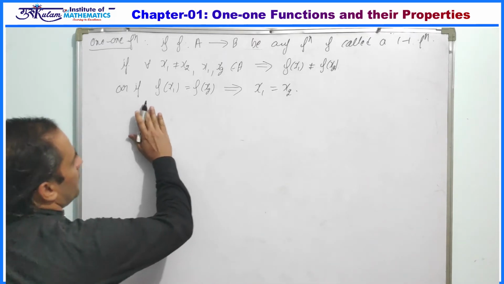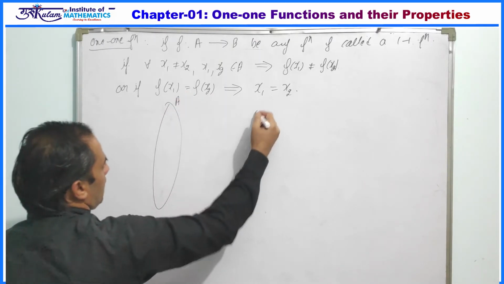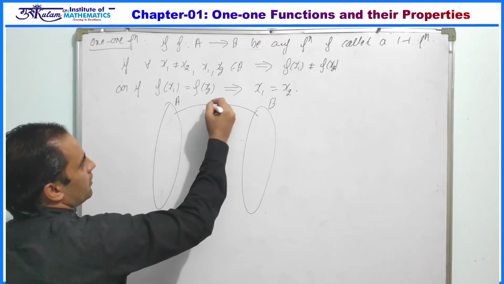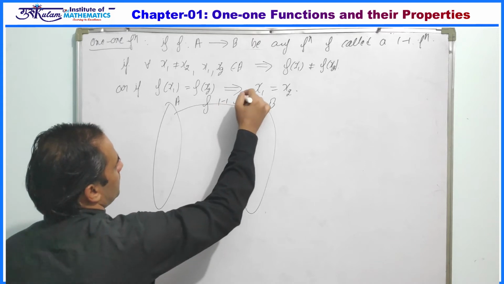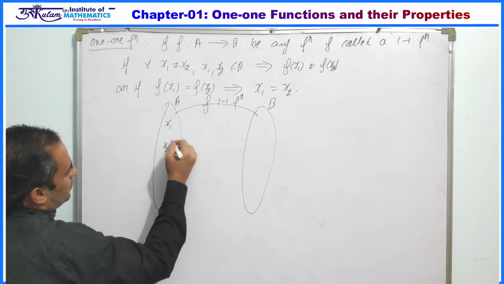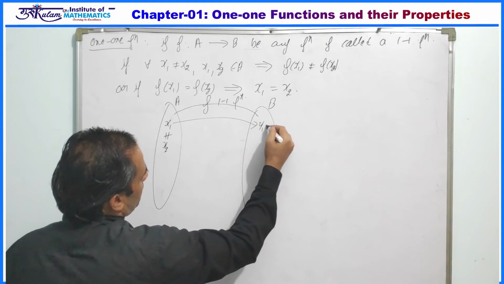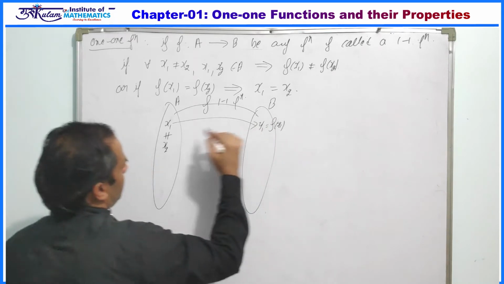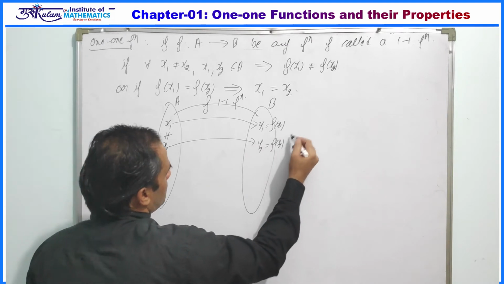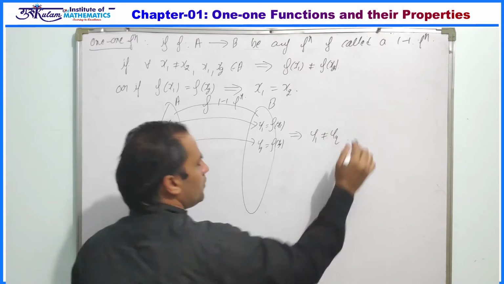So by the definition of a one-one function, if we have set A and another set B, A and B may be finite or infinite, and f is a one-one function, then for every x1 and x2 with x1 not equal to x2, the images y1, which is f(x1), and y2, which is f(x2), always imply y1 not equal to y2.